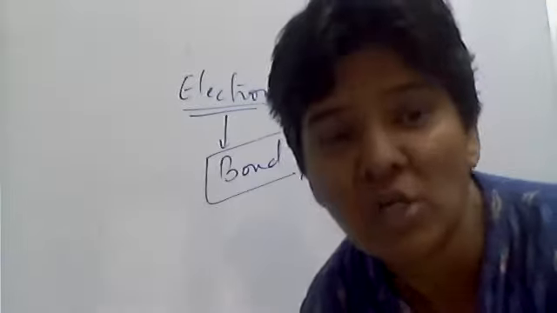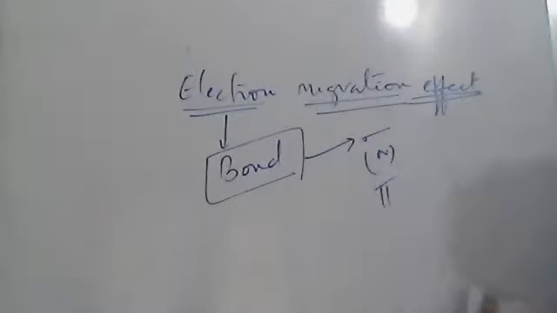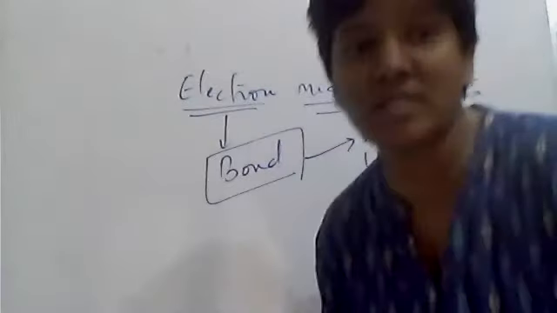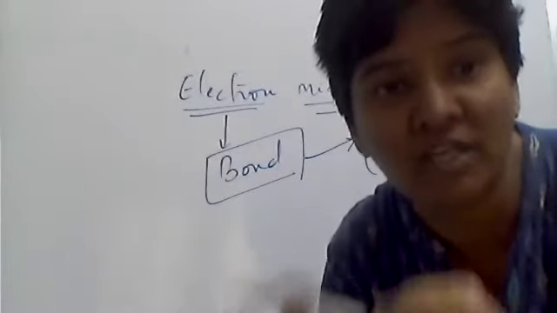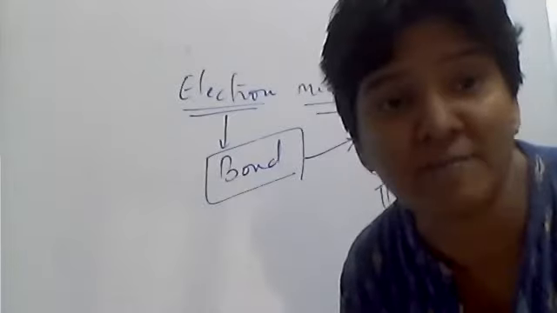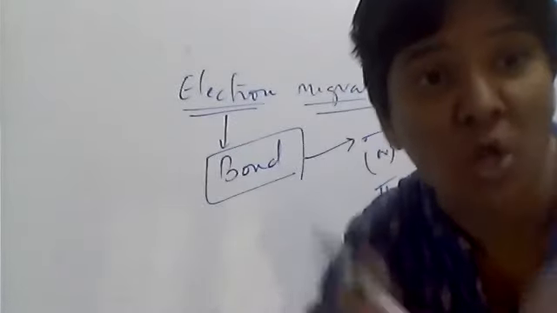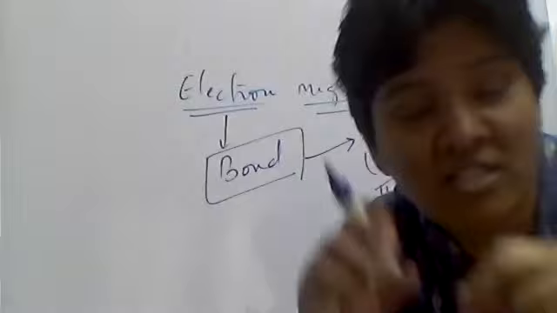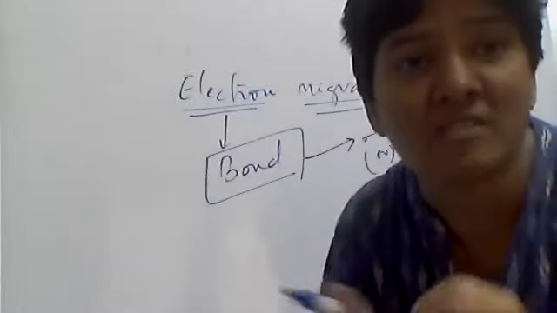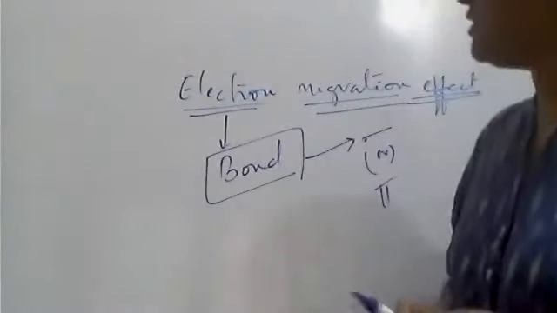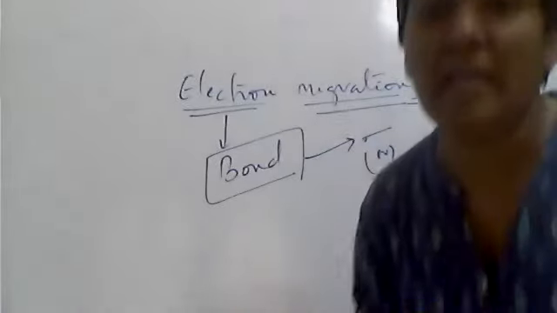Is that clear? So whether it is a sigma bond or pi bond, it will always move towards the electronegative atoms, which have more nuclear charge. So this movement of electrons is called the electron migration effect.